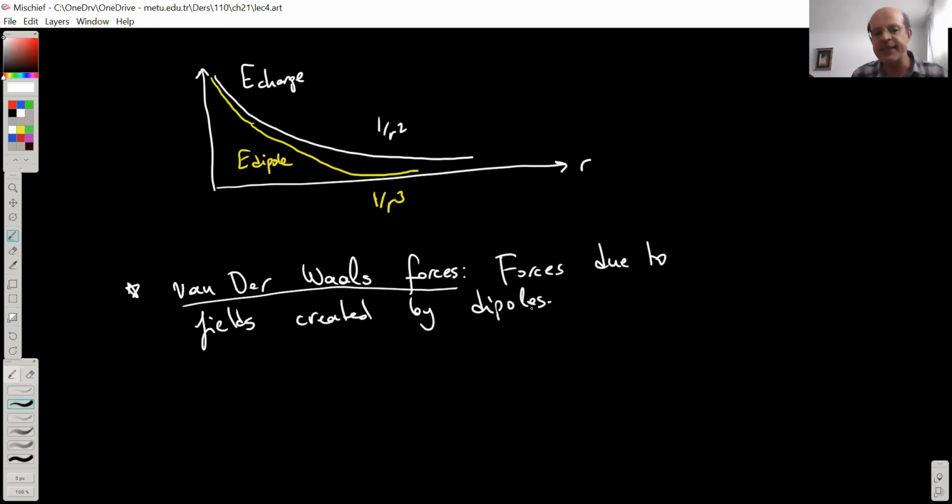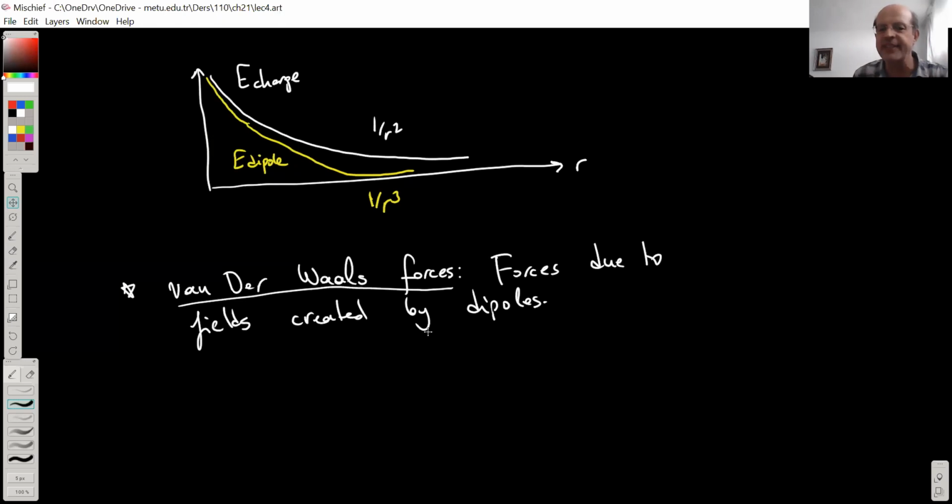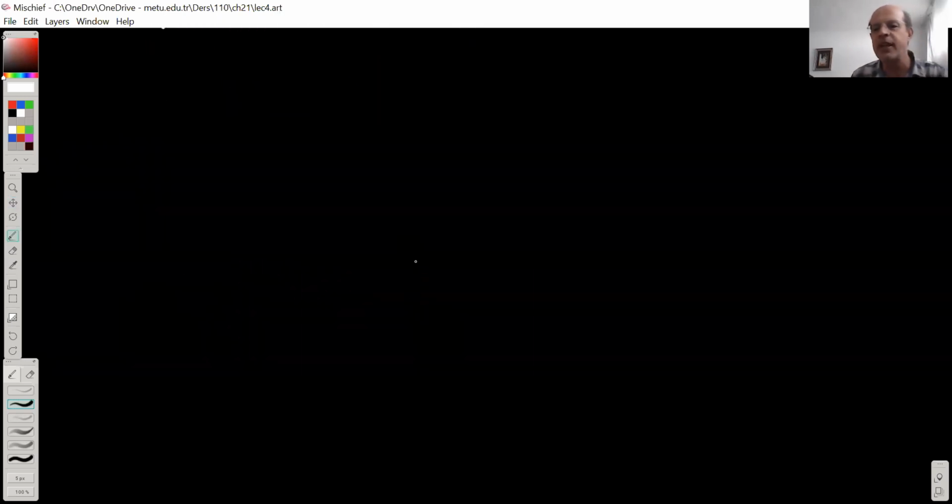In any case, when people mention these van der Waals forces, they usually think of them as some kind of mystical things. Well, everything comes from the Coulomb source, basically, right? So let's just keep this in mind.